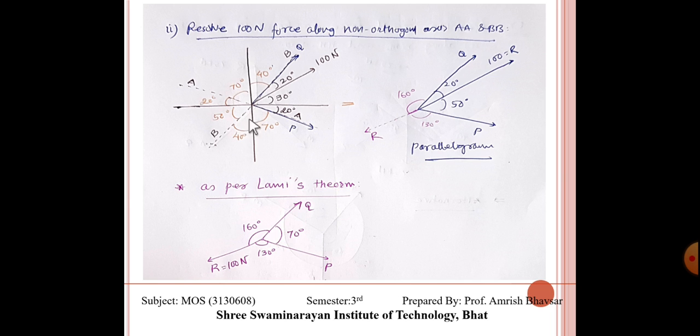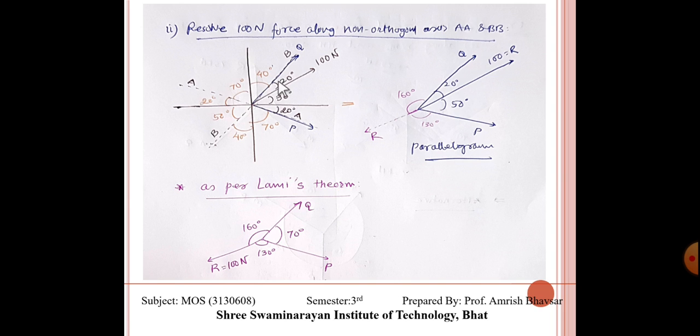Why are we going to calculate these angles? Because we are going to solve this example using Lami's theorem, and for that we need all the angles. Then what we do is put P and Q over here, and this 100 Newton force, our resultant force, must be opposite of the force. So it is over here.